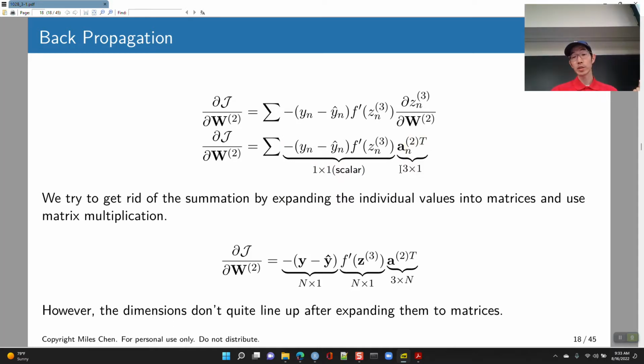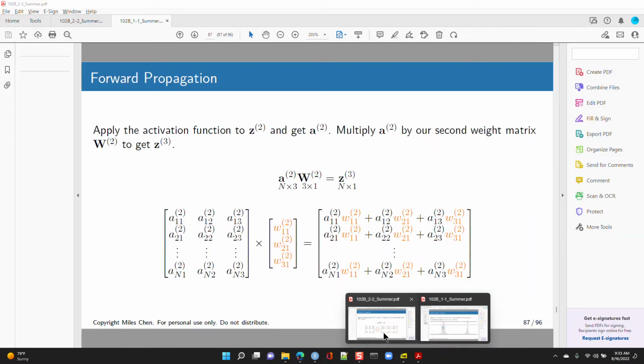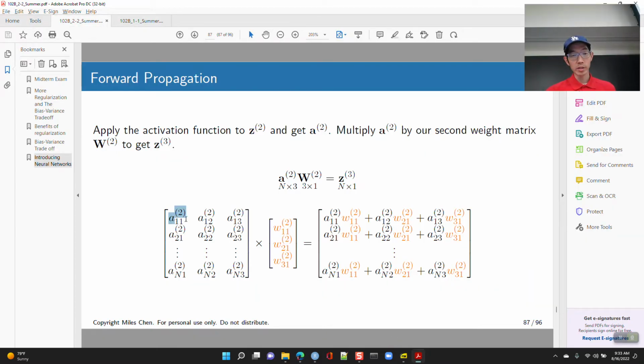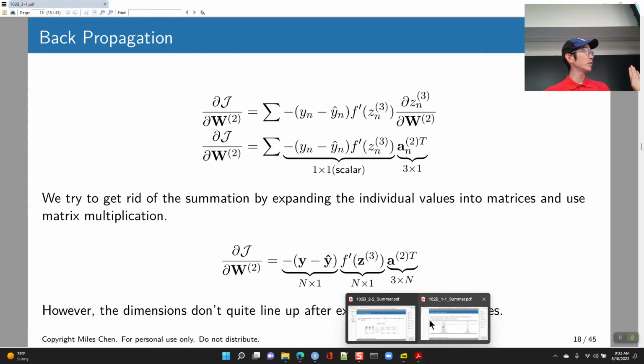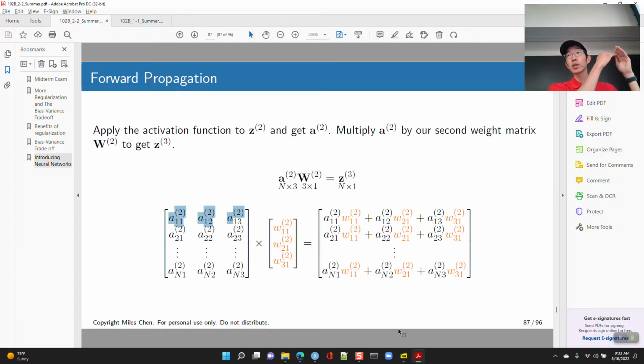This is a 3 by 1, and then once I do this, I'm going to sum up across all n values. Effectively, I'm taking this row, transposing it, multiplying it by a constant, and then summing across all n rows.